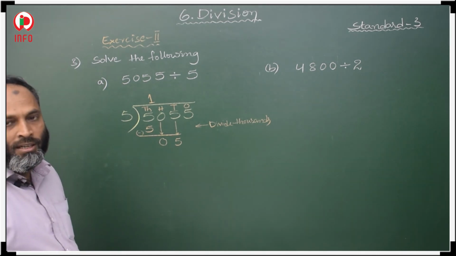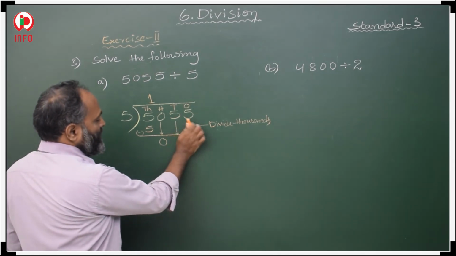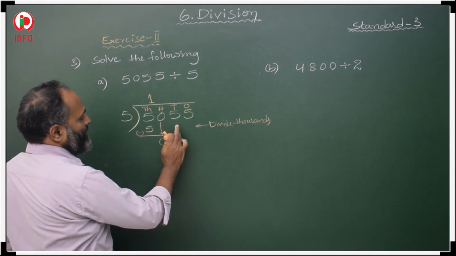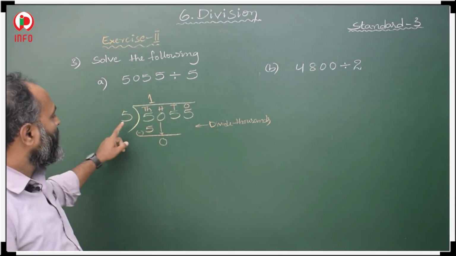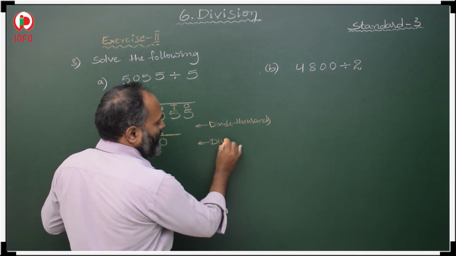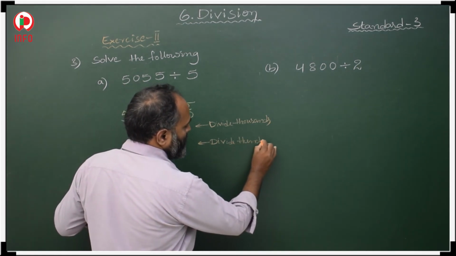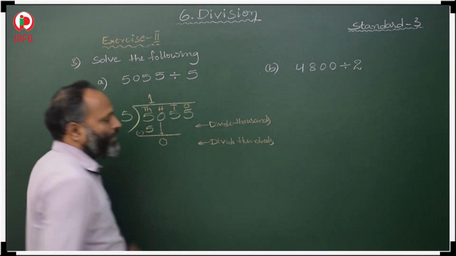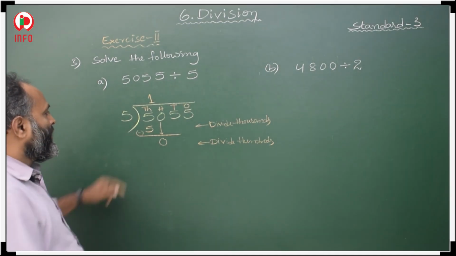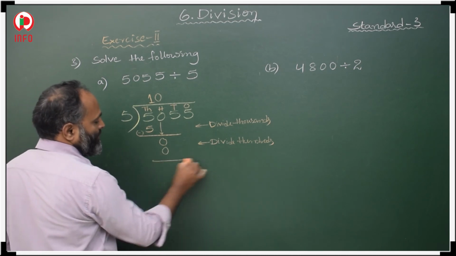If you want to take this 0 first, divide with this 5, here divide hundreds. 0 is there, then 5 zeros are 0.